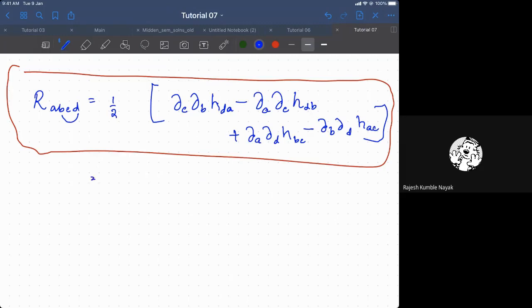Right hand side, it is going to be R A C. Free indices are A and C, so C is going to remain here. B is going to be replaced with D, or D with B, whichever way is okay. That is not going to cause a problem.